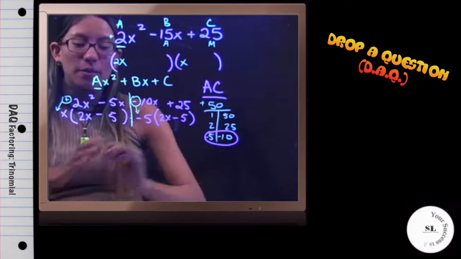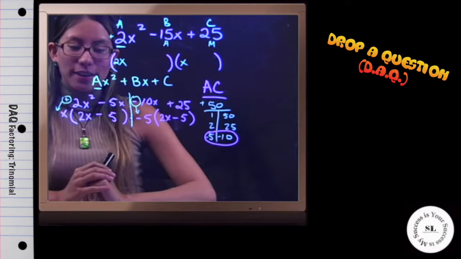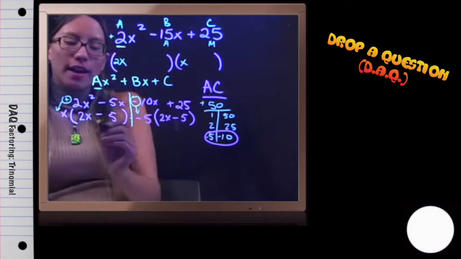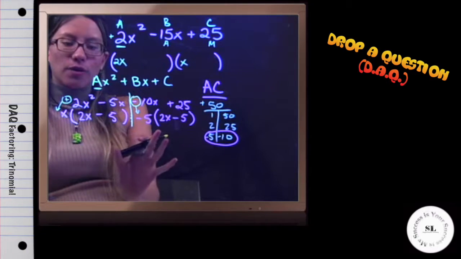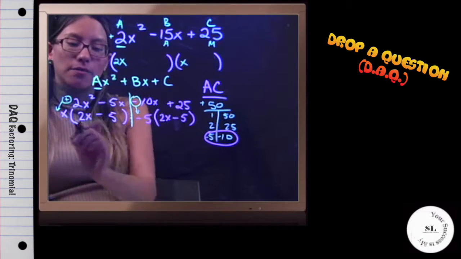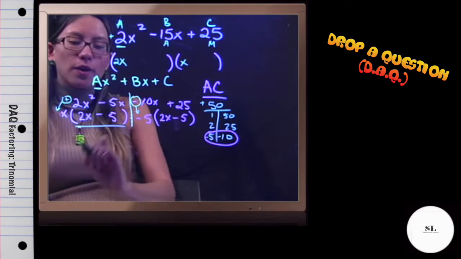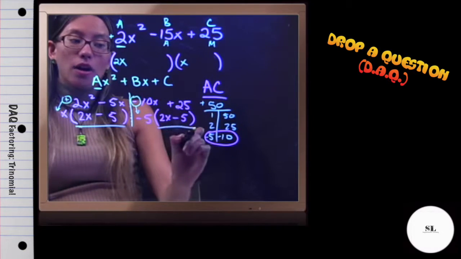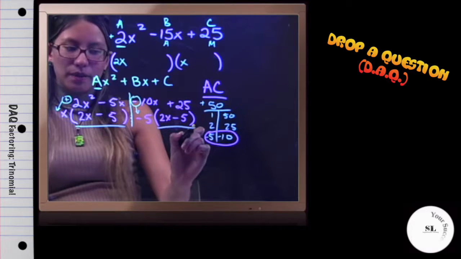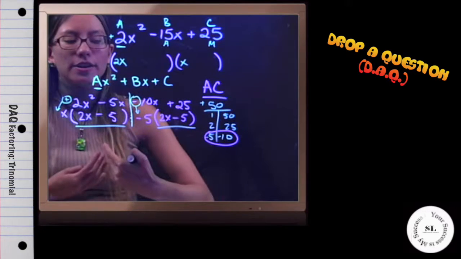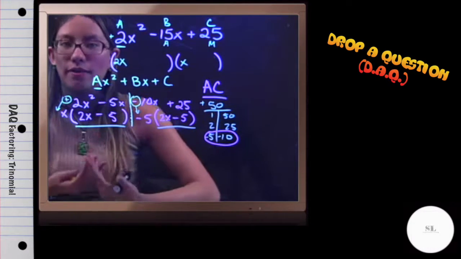And now to check was one last step until we get to the final answer. And to know you have this right so far, you want to check what's inside the parentheses of this group. We have 2x minus 5, but we also have a 2x minus 5 here. So factoring, all that factoring means taking out what you have in common.